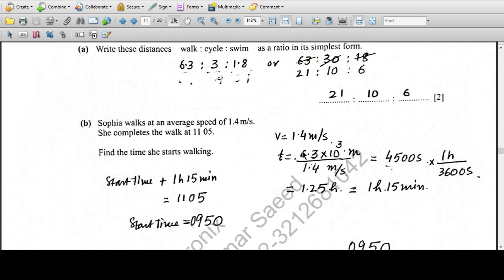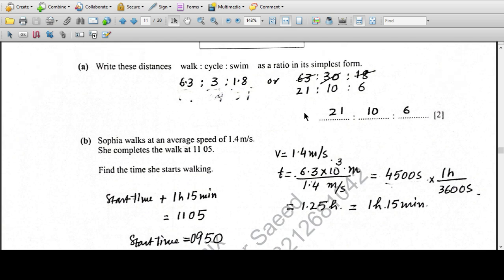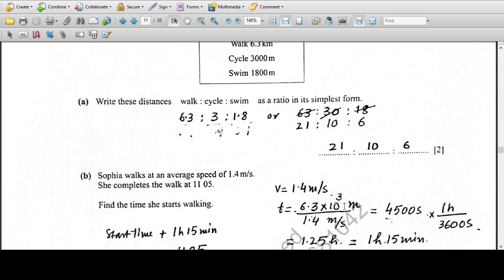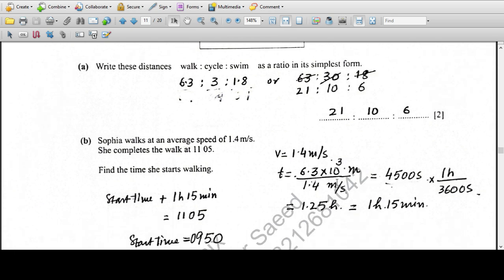So this is the velocity, the average speed, and the total distance she walks is 6.3 kilometers. So 6.3 kilometers is 6.3 times 10 to the power 3 meters, and if we divide by the velocity, then time is obtained in seconds, and we have to convert it into hours.